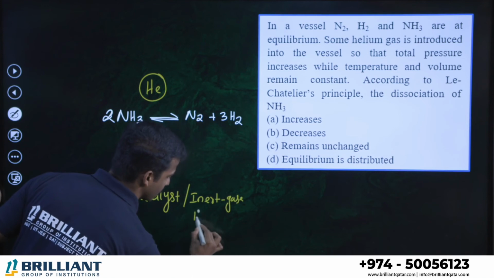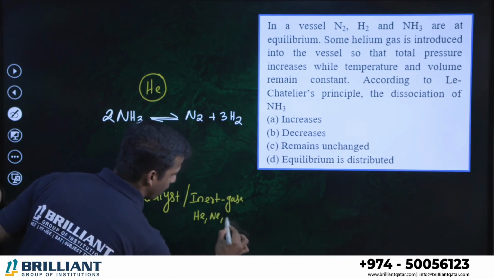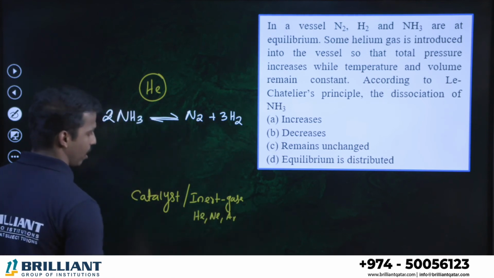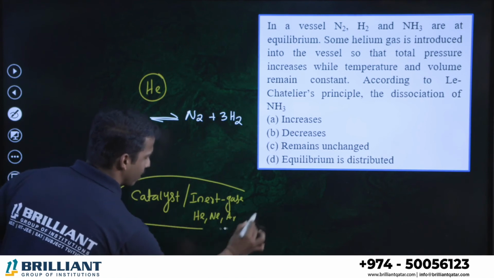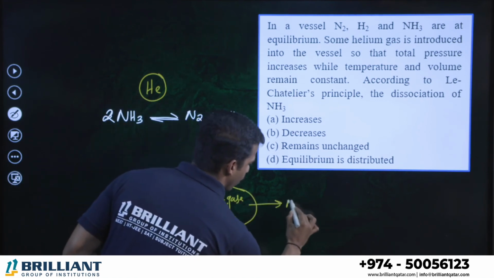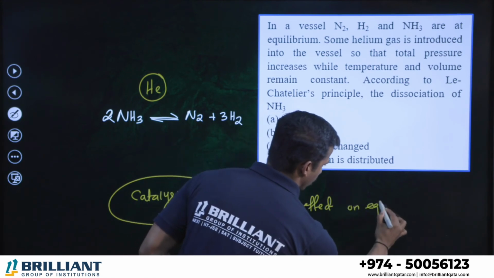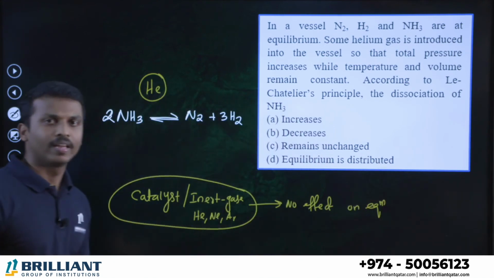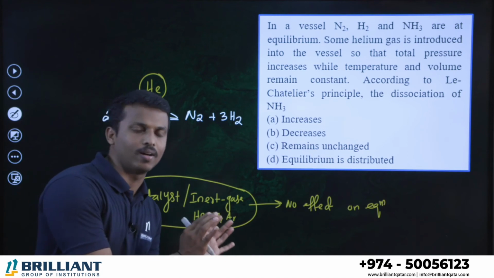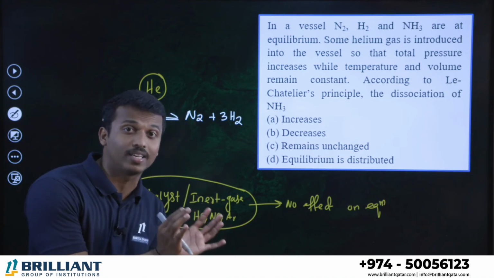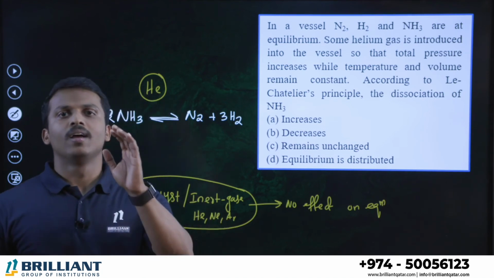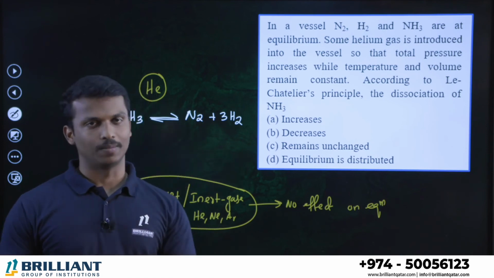What are inert gases? Helium, neon, argon, krypton, xenon, etc. Catalyst and inert gases have no effect on equilibrium. When you add a catalyst or noble gases, the equilibrium is not disturbed.